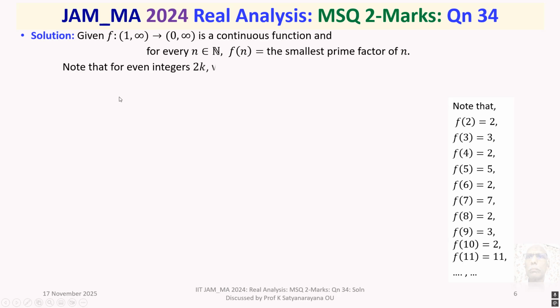Note that for even integers 2k, f of 2k is 2, and for any prime number p, f of p is p. By the definition, f of n is the smallest prime factor of n.